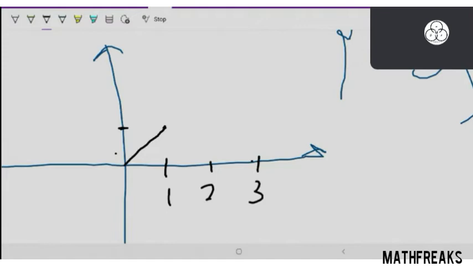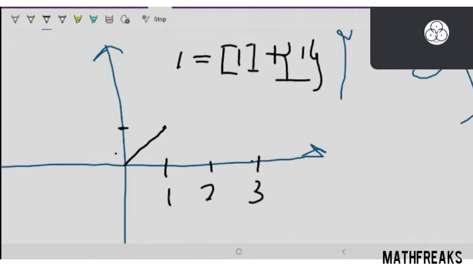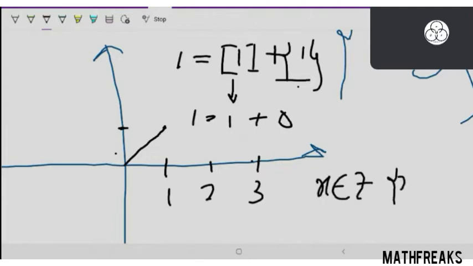Now what about the points? What will happen at the point 1? 1 can be written as box 1 plus curly 1. Box 1 is 1, so curly 1 has to become 0. So whenever x belongs to integers, curly x equals 0.